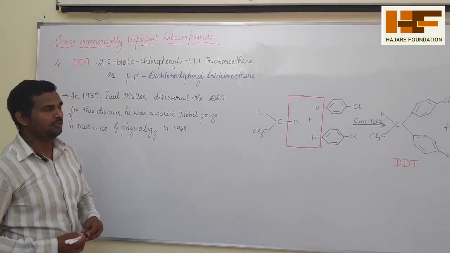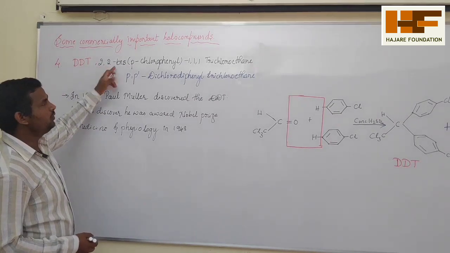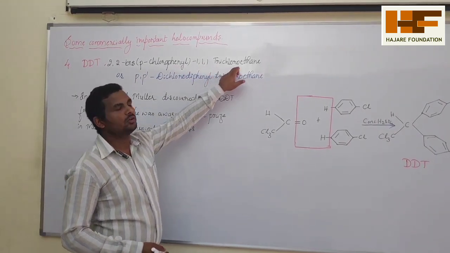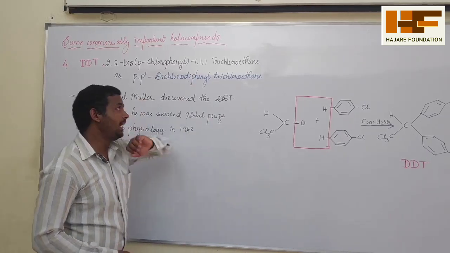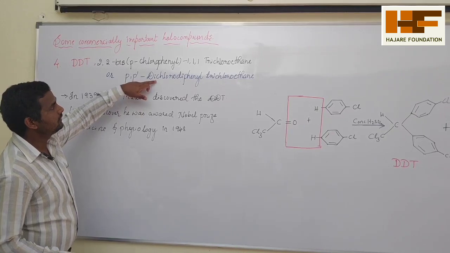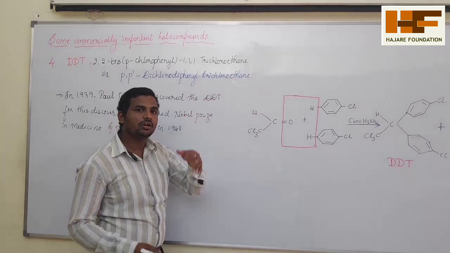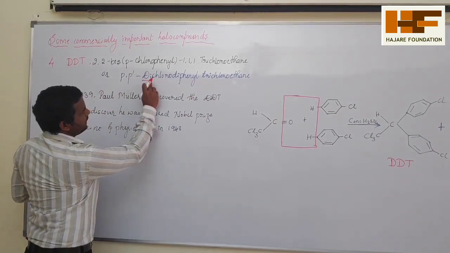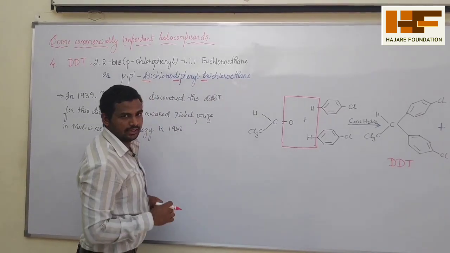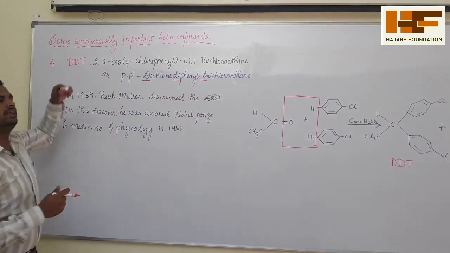Come to the fourth compound, that is DDT. The IUPAC name is 2,2-bis(para-chlorophenyl)-1,1,1-trichloroethane. It is also called para,para'-dichlorodiphenyltrichloroethane, and in short it is called DDT.